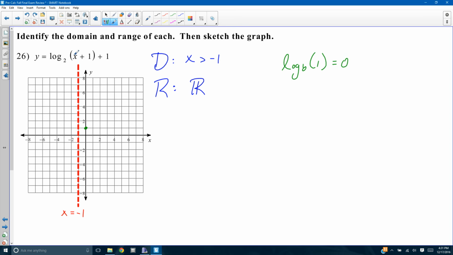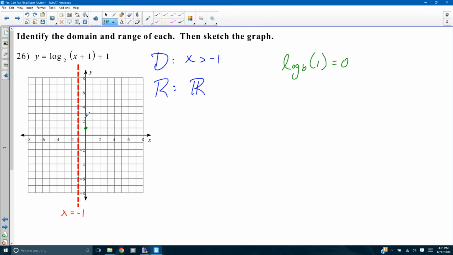And if you were to choose values for x, say within a table, you had to make sure that you could raise 2 to some power to get the value inside here, x plus 1. Every value that you can take the log of cleanly with this 2 is a power of 2, such as 1, 2, 4, 8, 16, etc. Every time, that x plus 1 value is going to have to double what it previously was.